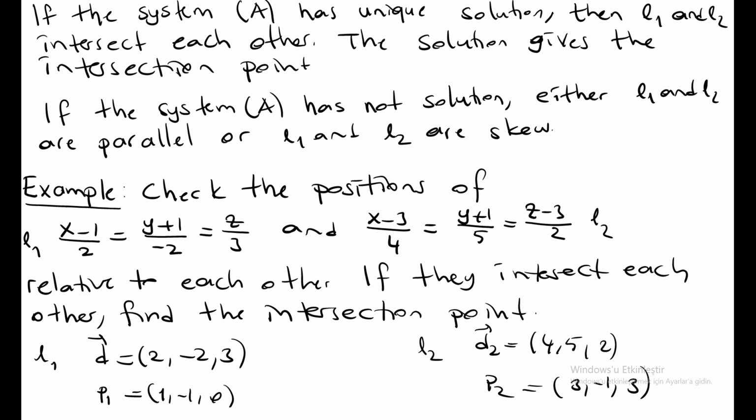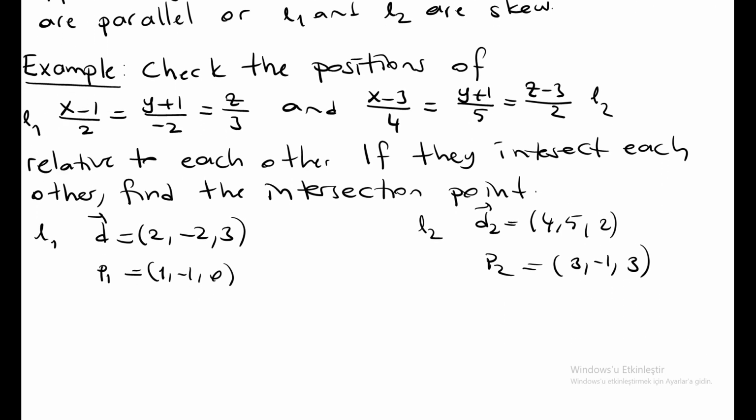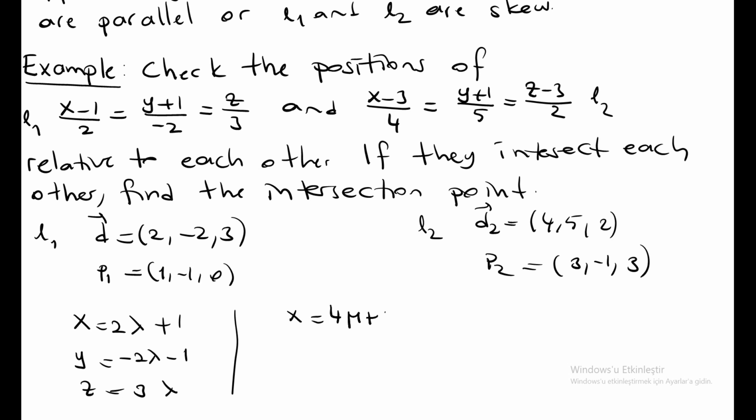Okay. So from L1, I have x equals 2 times lambda plus 1, y equals −2 times lambda minus 1, and z equals 3 times lambda. This is the first one. The other one: x equals 4 times mu plus 3, y equals 5 times mu minus 1, and z equals 2 times mu plus 3.